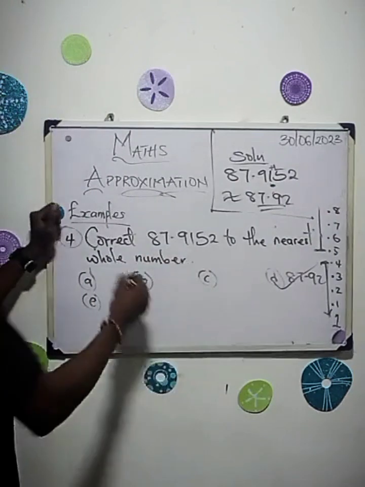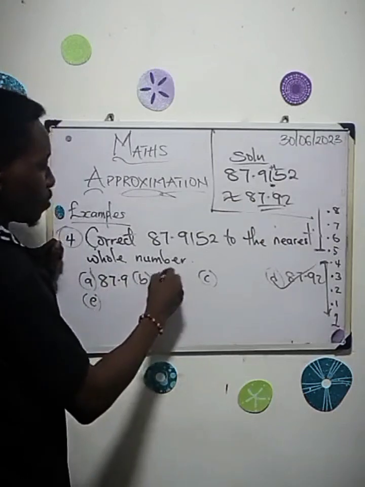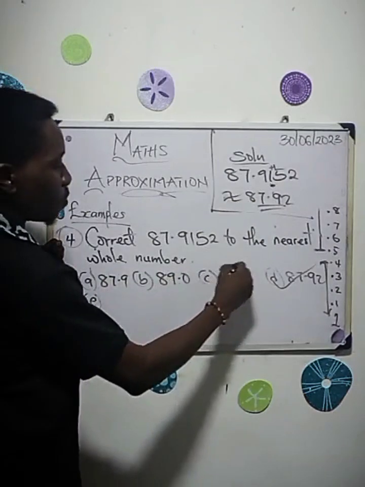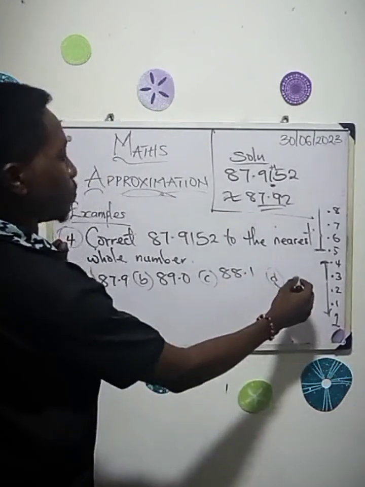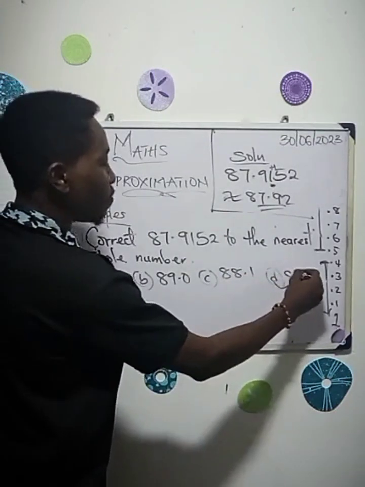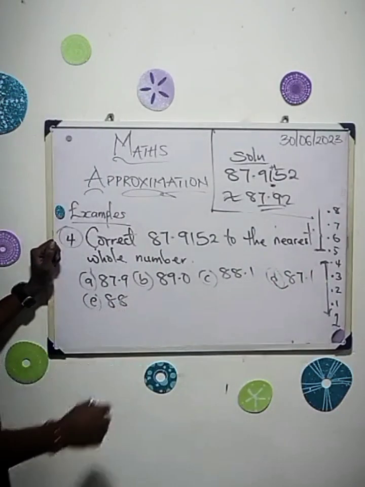Let me give you options. To the nearest whole number, what will be your answer? 87.9, 89.0, 88.1, 87.1, 88.